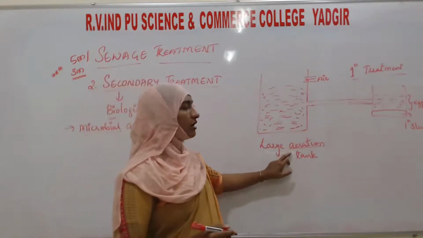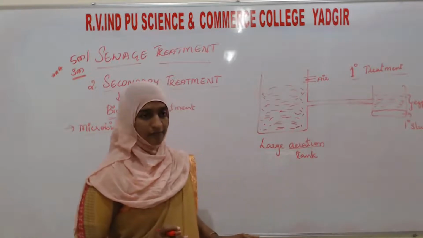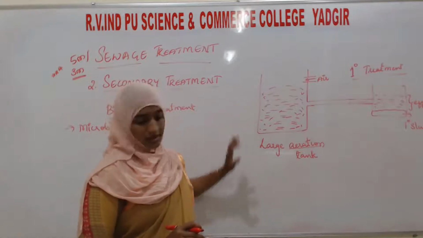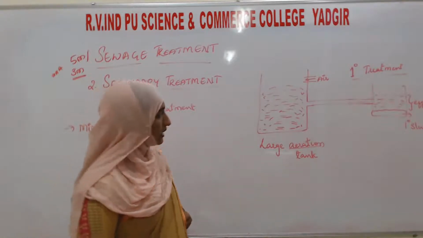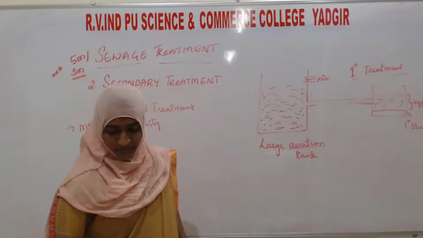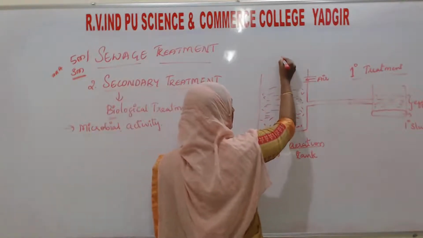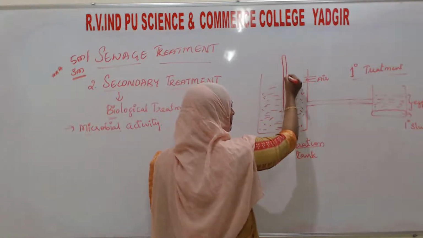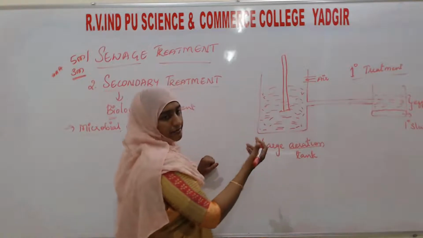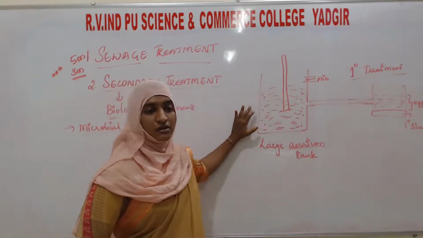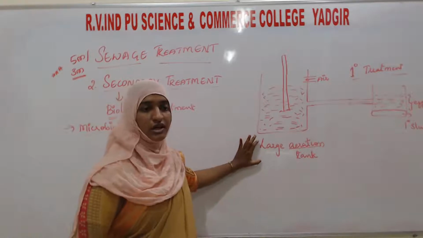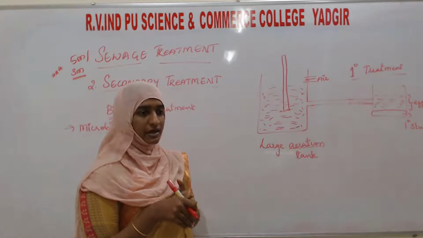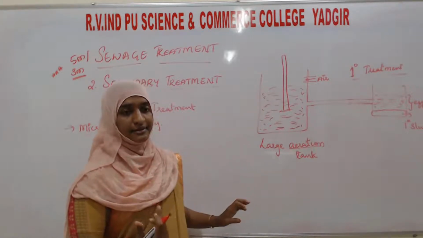That's why we call it the aeration tank, because there is a supply of air into the tank. Here the air is pumped continuously, and besides that one mechanical instrument, a fan-like instrument, will be there, which is rotating continuously in this large aeration tank.